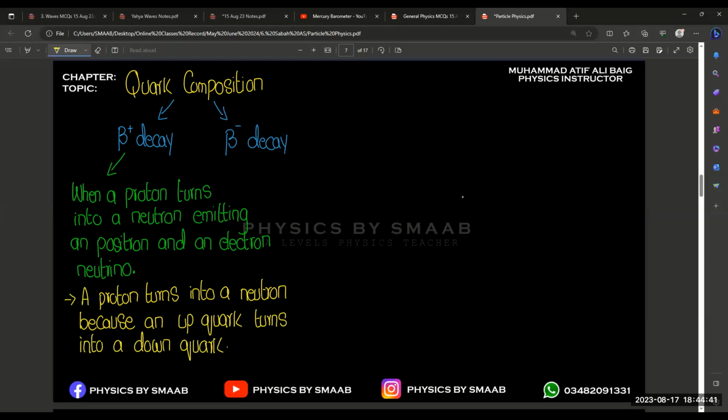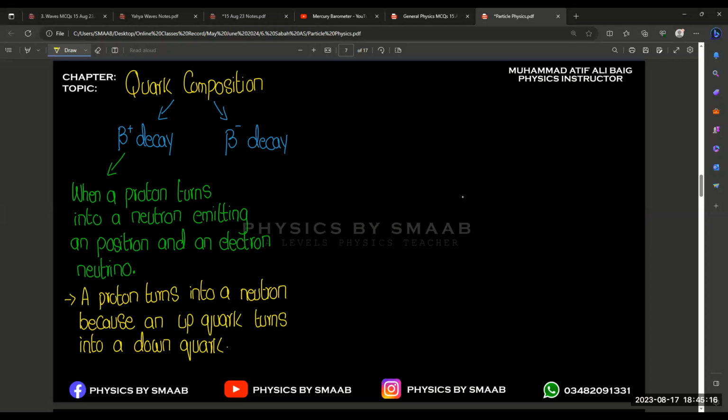A proton is made of two up and one down, and if one up quark converts into a down, that makes a neutron. Two down and one up make a neutron, two up and one down make a proton.